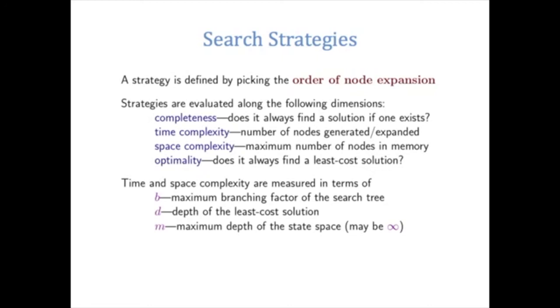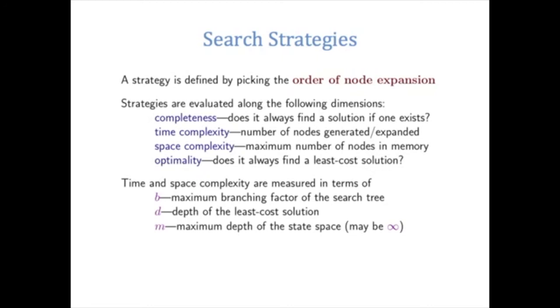Time complexity means the number of nodes generated and expanded. Space complexity is the maximum number of nodes in memory at any one particular time. It might be that we can throw away nodes or not have to keep them, and regenerate them. That'll cost time complexity, but it'll cut down on space complexity. And optimality means, does it always find a least cost solution?